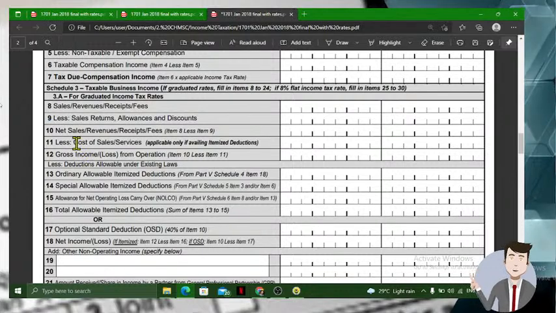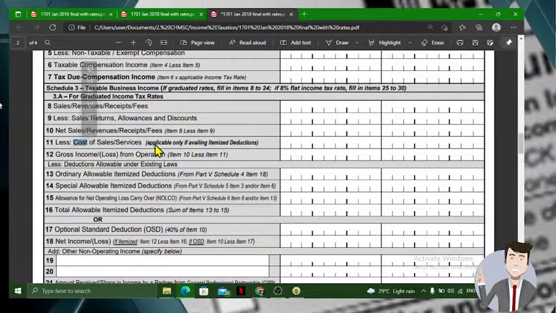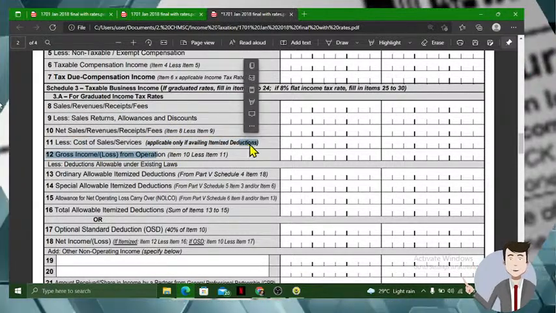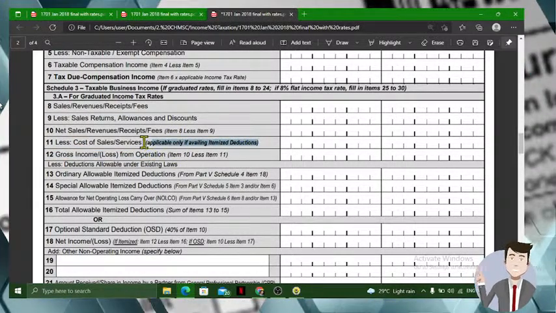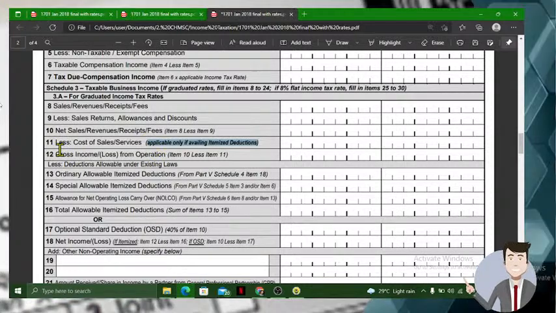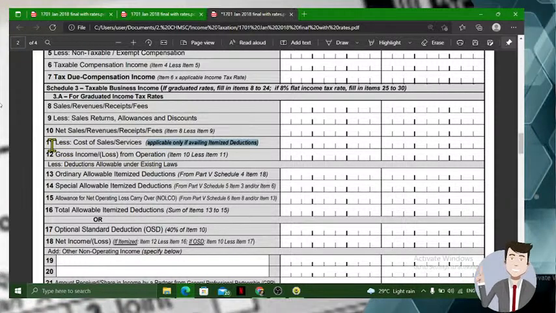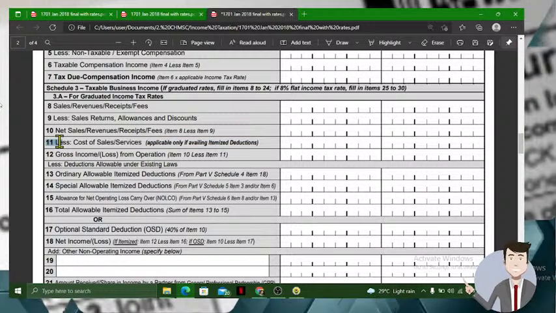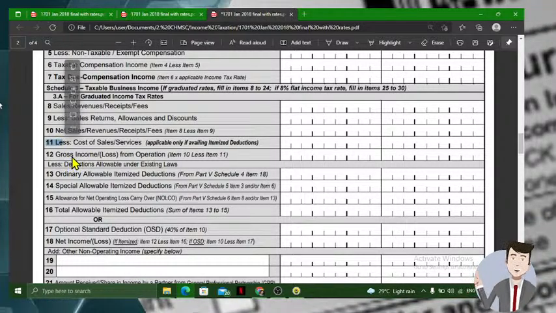So less your cost of sale or cost of services, applicable only if availing itemized deduction. Please take note. Okay? So if you are availing the 40% optional standard deduction, you are not required to fill up item number 11. Item number 11. So item number 12 is the result of item 10 minus 11.